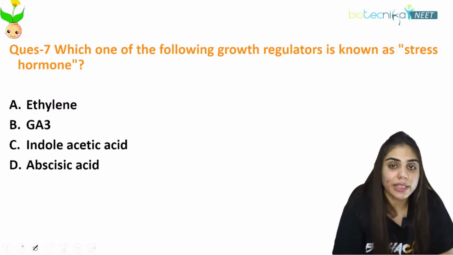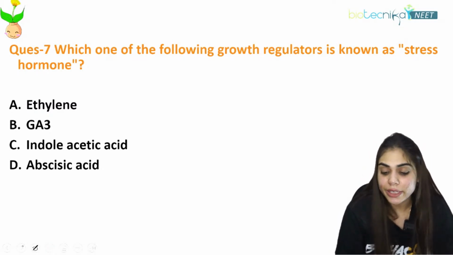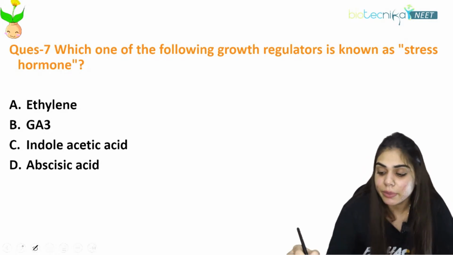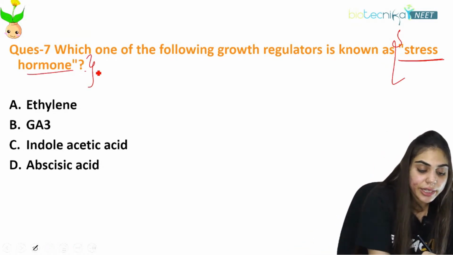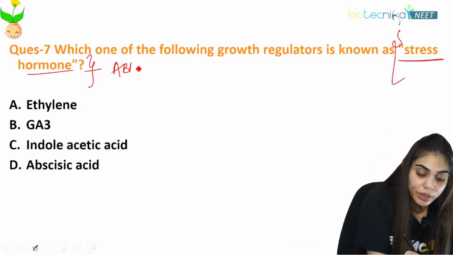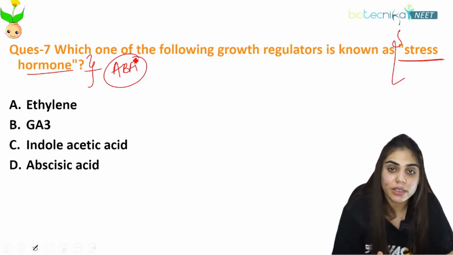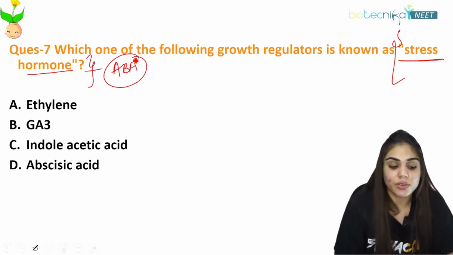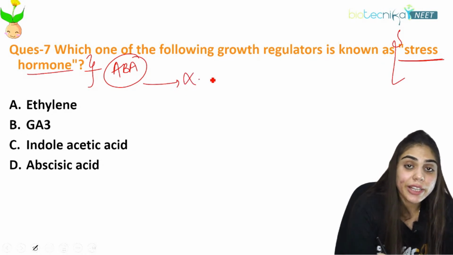Then the next question, question number 7 on the screen: which one of the following growth regulators is also known as stress hormone? I told you in the previous slide, which is called the stress hormone? It is abscisic acid. Why stress? Because whenever a plant is facing any kind of stress, biotic or abiotic, it will cause antagonism to every kind of hormone.